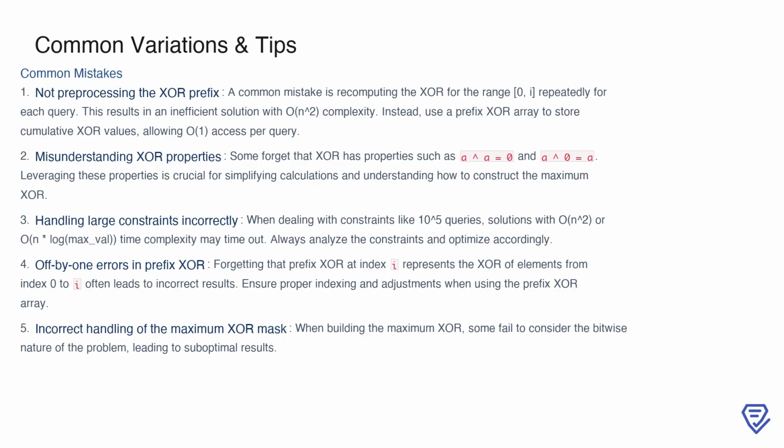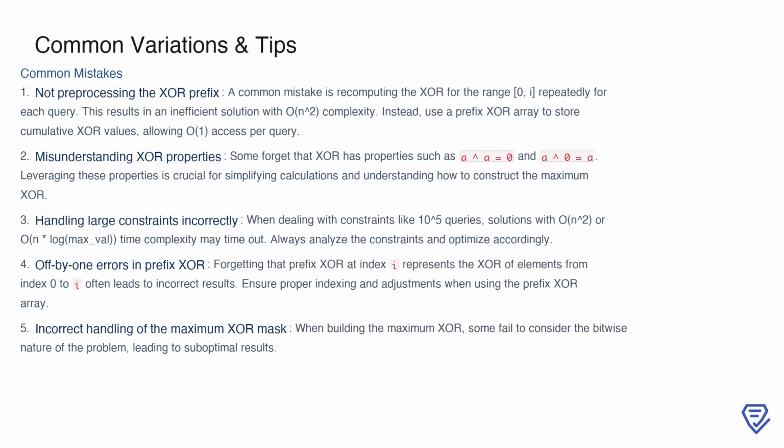Large constraints are another area where issues arise. For example, if there are up to 10 to the power of 5 queries, a naive O(n squared) or even n*log(max_val) solution might time out. This makes analyzing constraints and optimizing your approach critical. Additionally, off-by-one errors in prefix XOR are common.